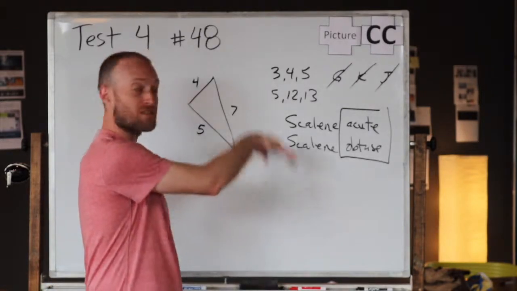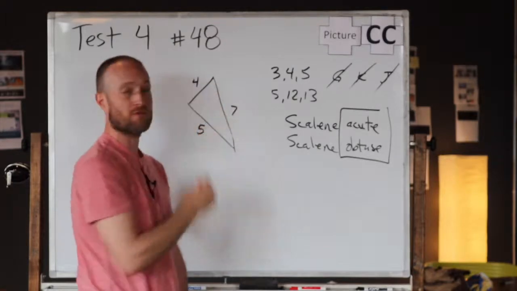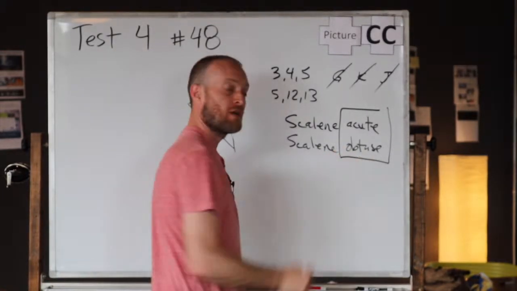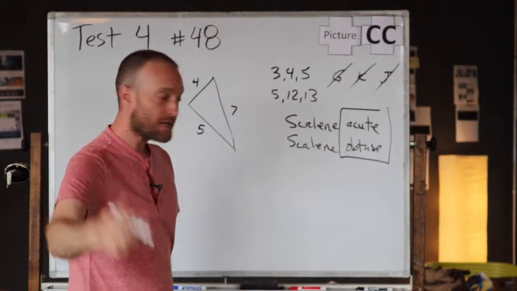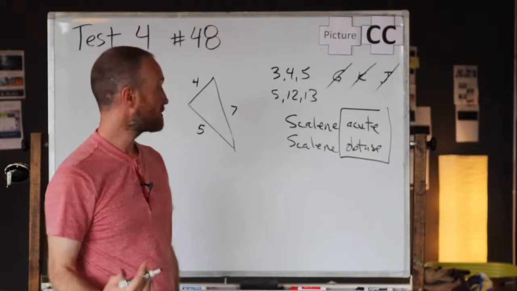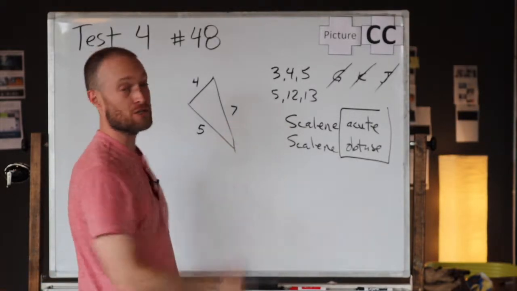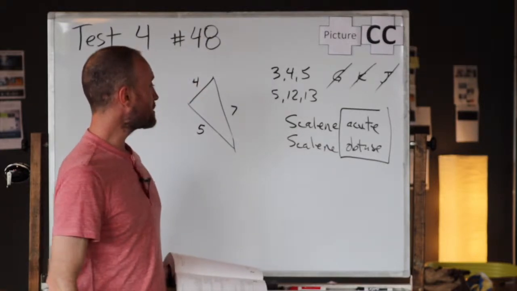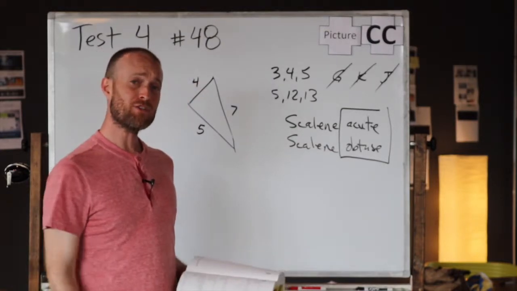We always know the sum of the interior angles of a triangle is 180, but for an obtuse triangle, 1 angle is greater than 90, and for an acute triangle, all 3 must be less than 90. So how are we going to decide between those 2 classifications?